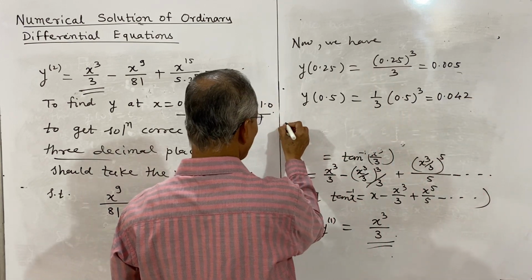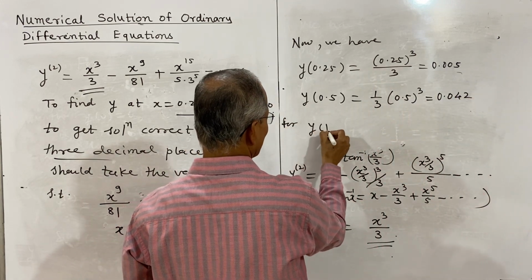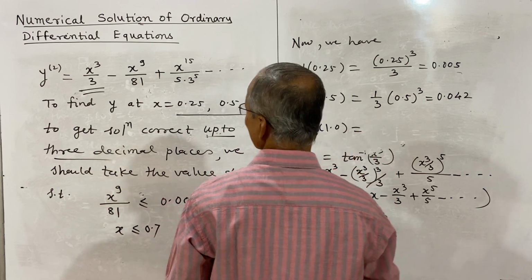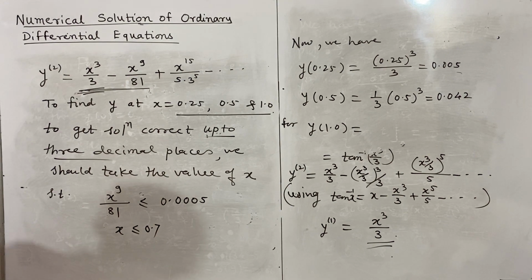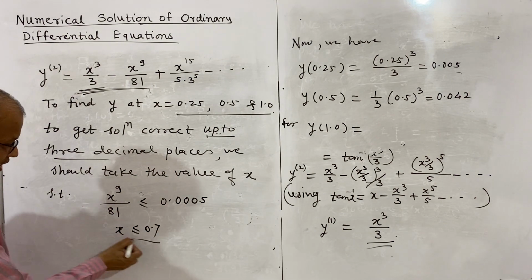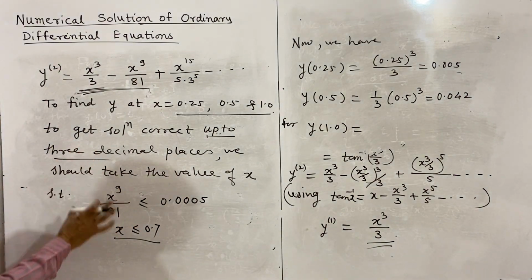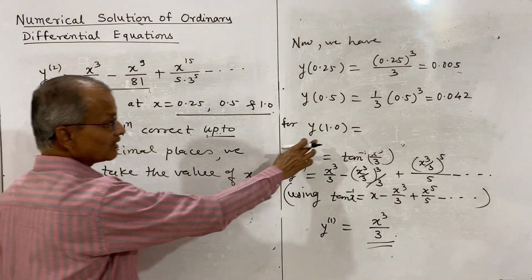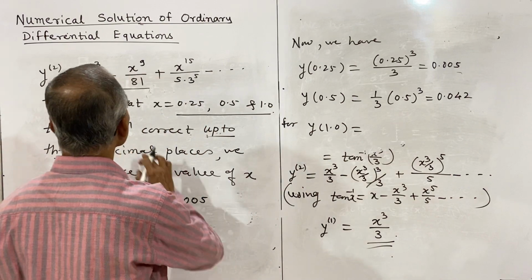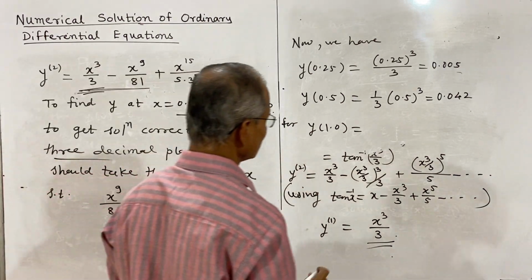But for y at 1.0, we need to take these two terms, because only the first term gives the solution for x less than 0.7. Since 1 is greater than 0.7, we need to take two terms.